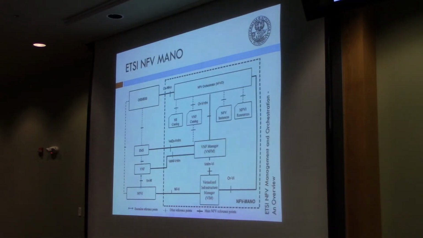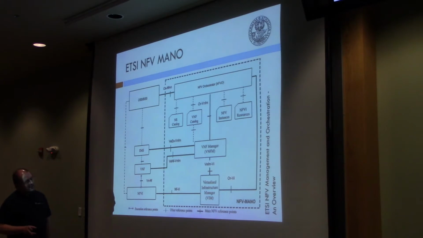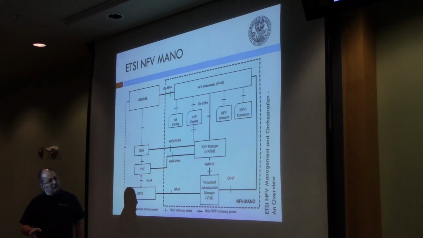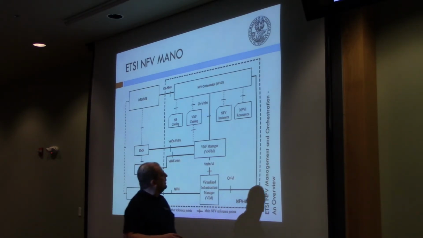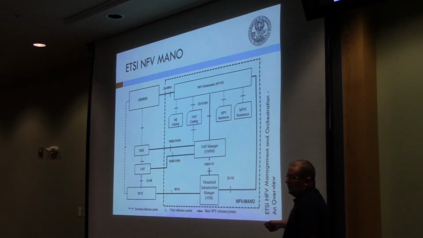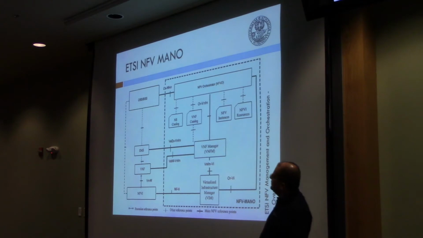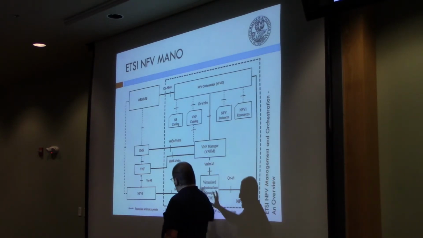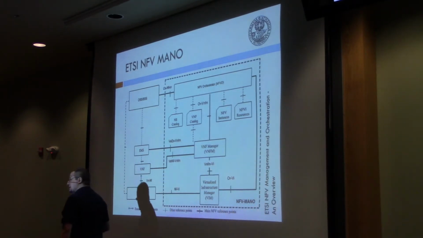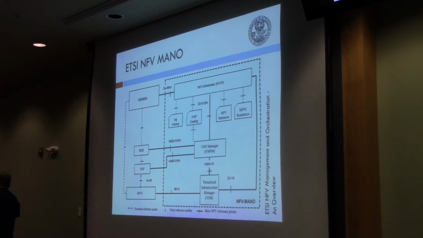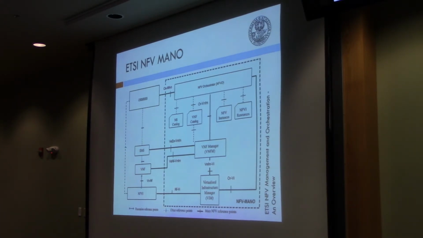I don't want to get into too much of the complexity, but if you're interested, ETSI should come out with a standard, I think next year in March, with this management and orchestration, the famous ETSI NFV MANO, that will standardize how the whole system should work. And you see, it's fairly complex.